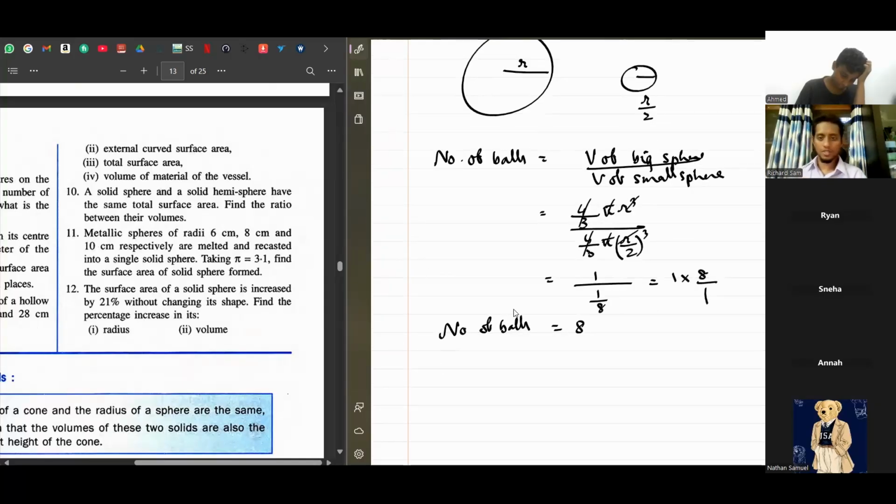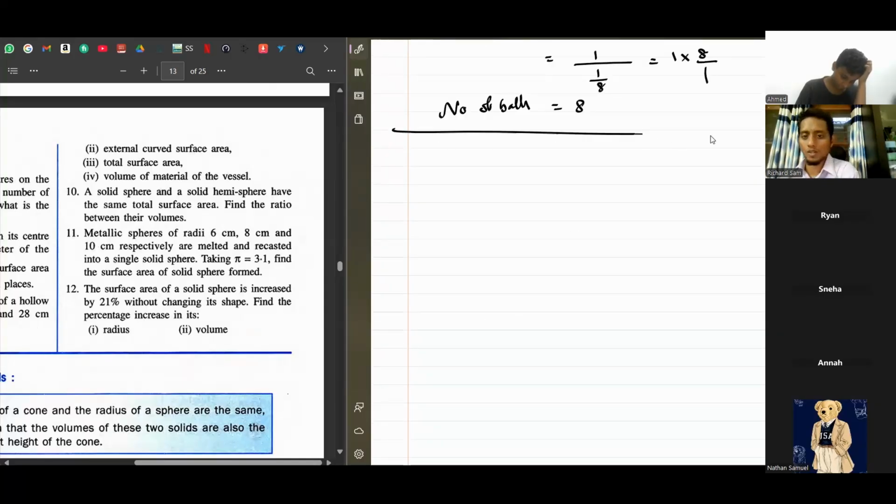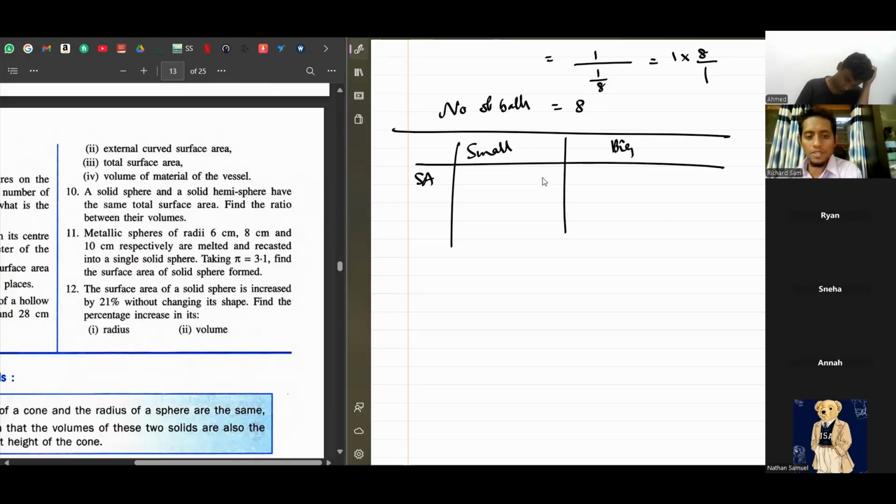Okay, so how do we do this? You have the small sphere and the big sphere. So let's write all the values that we have. First we'll see surface area. For the small sphere, if the surface area is x, then what is the big one's surface area? If you say 100x, then this will be 121x. Correct.